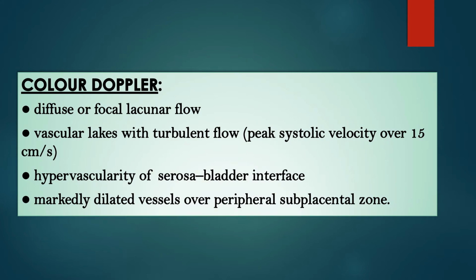Color Doppler: diffuse or focal lacunar flow, vascular lakes with turbulent flow, peak systolic velocity over 15 centimeters per second, hypervascularity of serosa bladder interface, and markedly dilated vessels over peripheral subplacental zone.